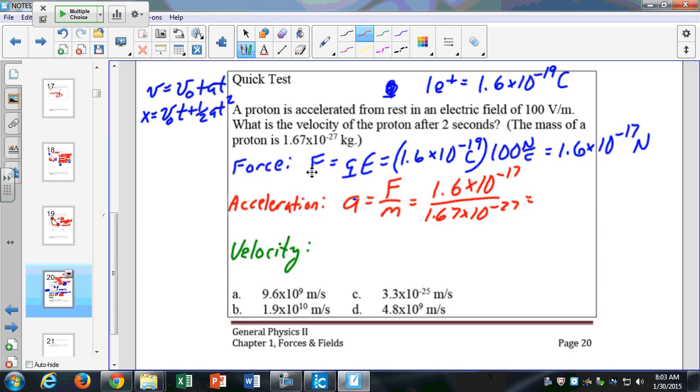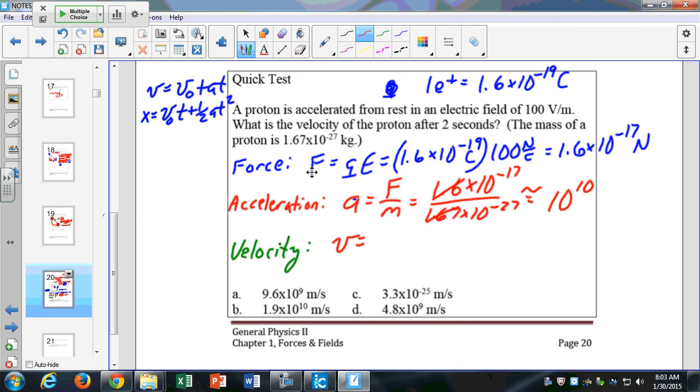All right, so that's roughly 10 to the 10th. Yeah, because it's 10 times 10 to the 9th, which is 10 to the 10th. I just rounded up. Because if I look at this, these basically cancel out, and it's 10 to the minus 17 over 10 to the minus 27. I'll put a little squiggly line there.